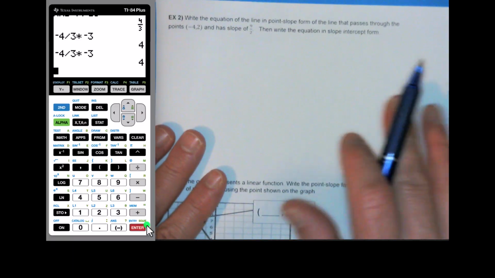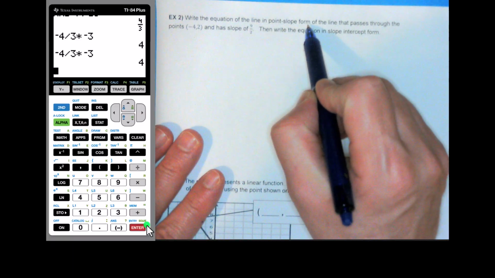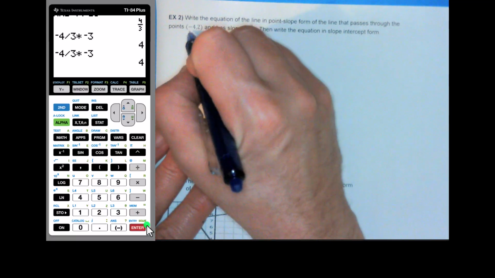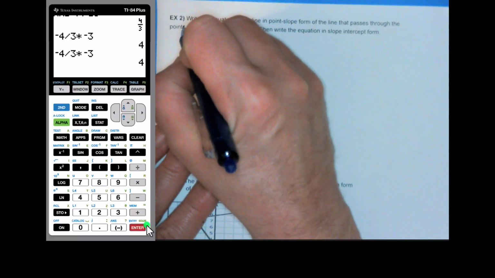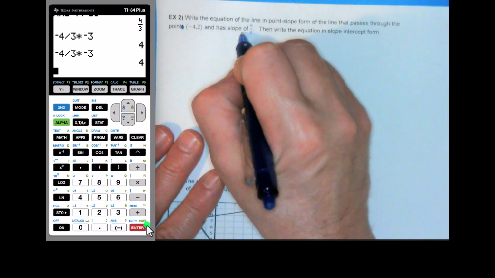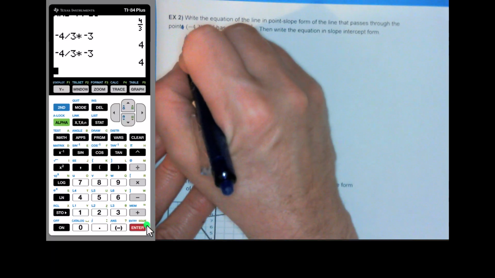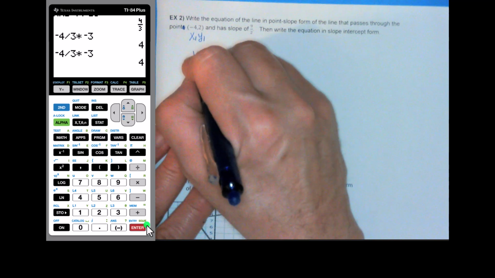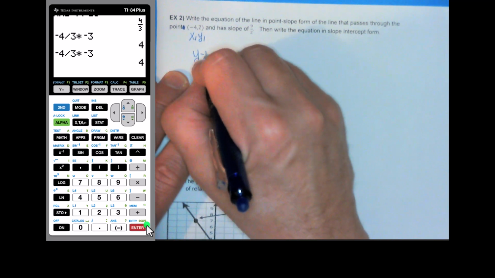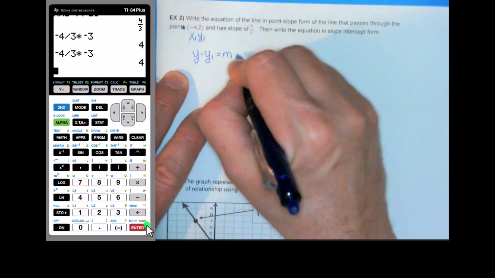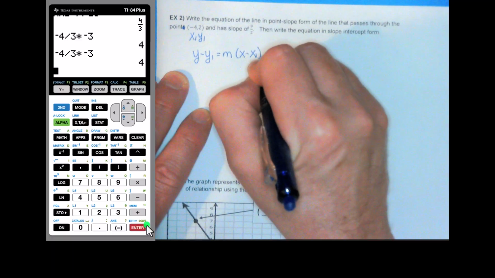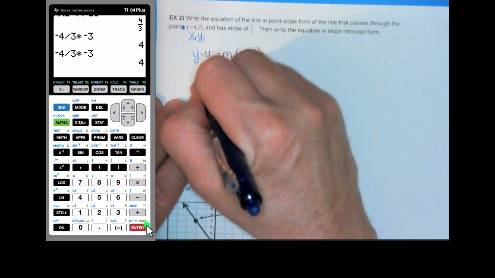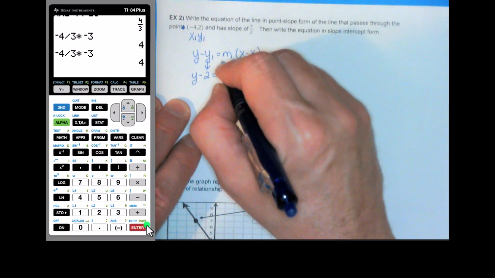So example number 2: write the equation of the line in point slope form of the line that passes through the point -4, 2, sorry for the typo there, and has a slope of 9/2. So here's my point, x1, y1. I want the point slope formula, so y minus y1 equals m times (x minus x1). My y1 is 2, so y minus 2. My slope?